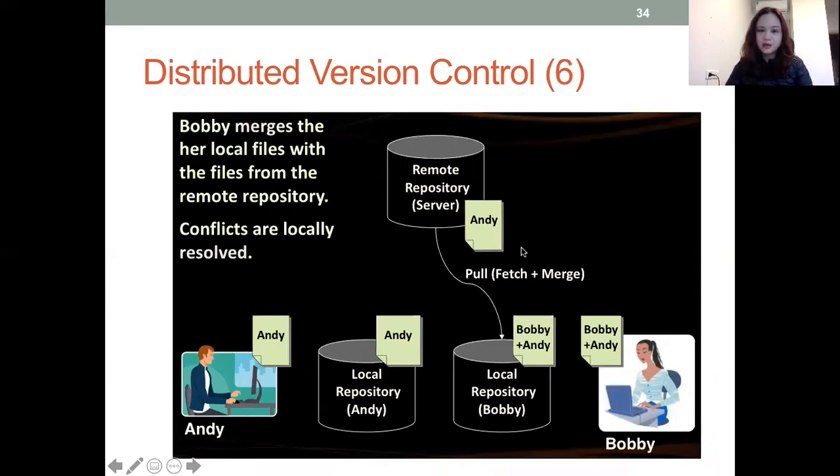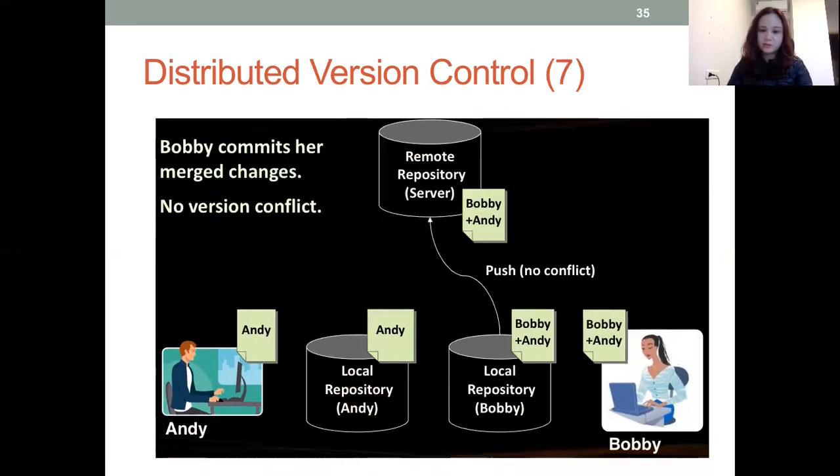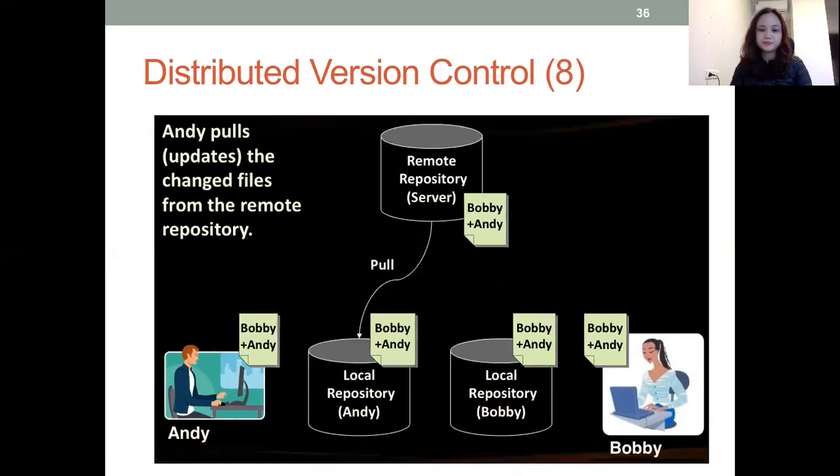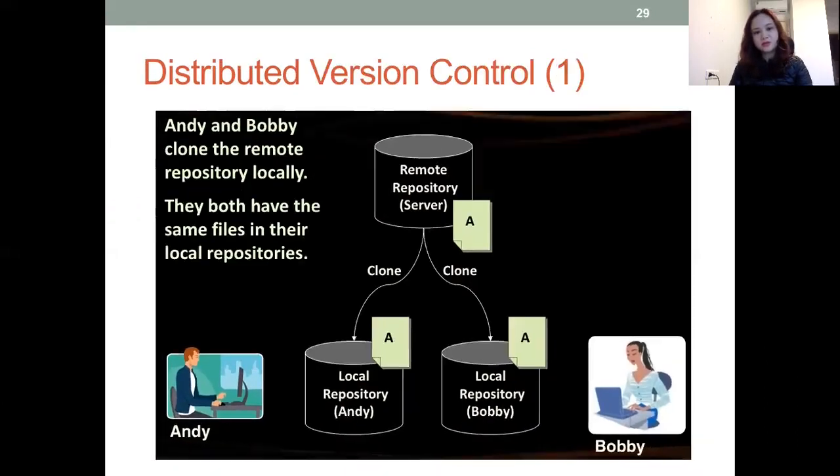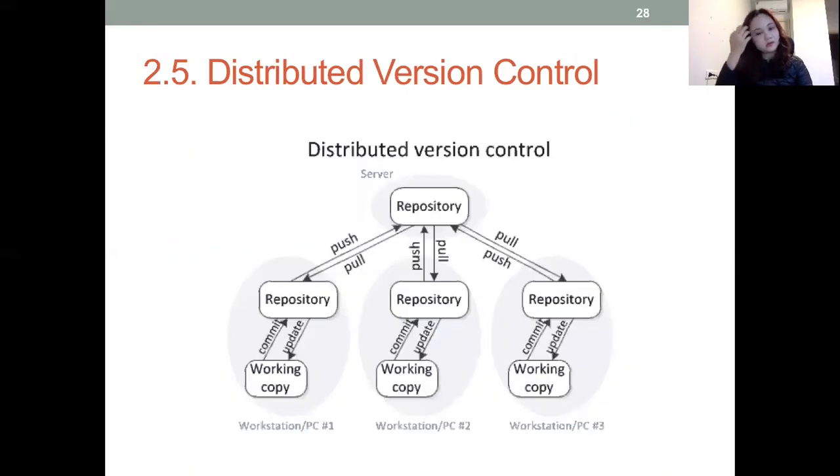So she needs to pull, that is fetch with merge. So get the last version in the remote repository and merge with her local repository. Okay, and then she can push now with no conflict. And Andy can pull the last version from the remote repository to the local repository. Okay, so that is more detail on distributed version control.